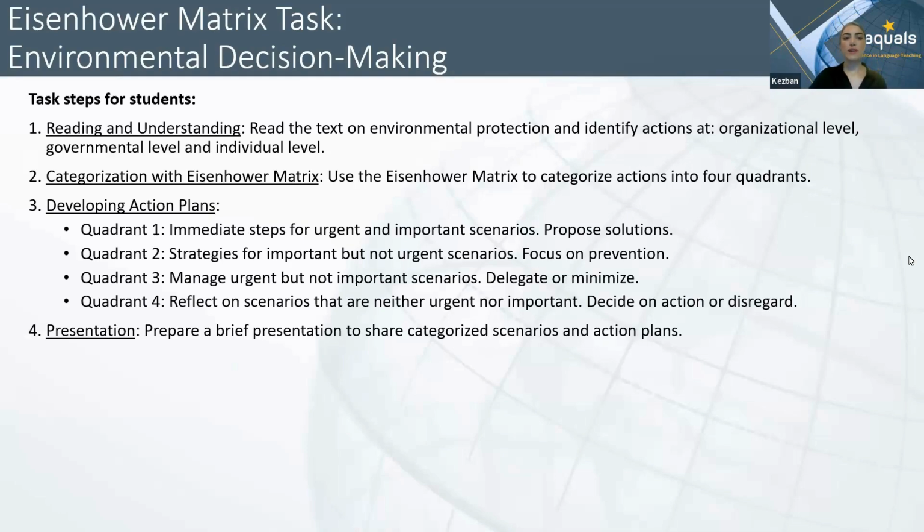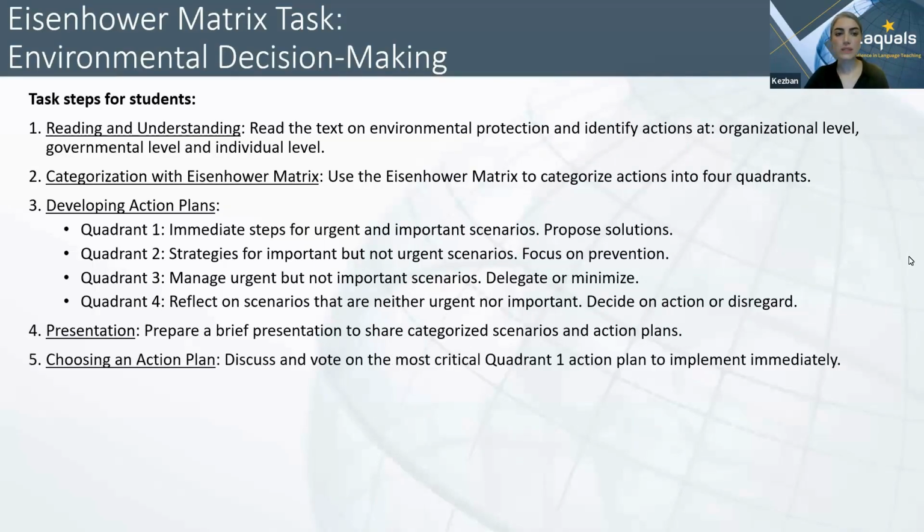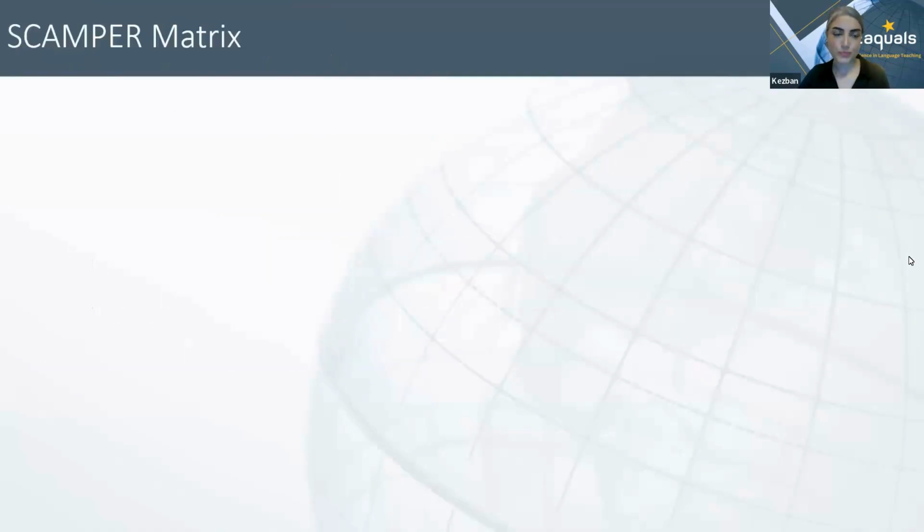Having developed their action plans, they prepared a brief presentation and shared their scenarios and action plans. And as a class in plenary, they discussed and wrote the most critical action plan in quadrant 1 to implement immediately to solve an important environmental issue.